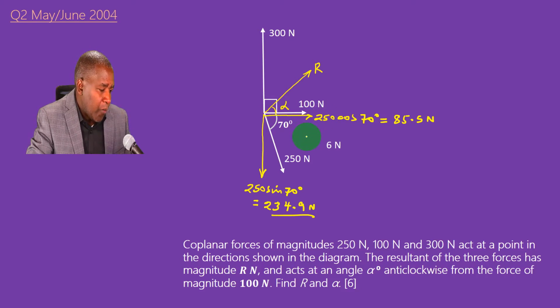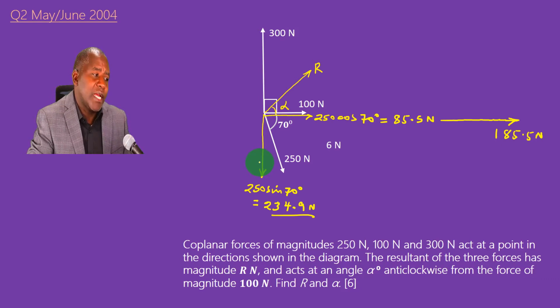Now we are going to add forces which are acting in the same direction to get one force which acts in this direction, and its value will be 100 plus 85.5. It will be 185.5 newtons. And then we are going to get one force which acts vertically.